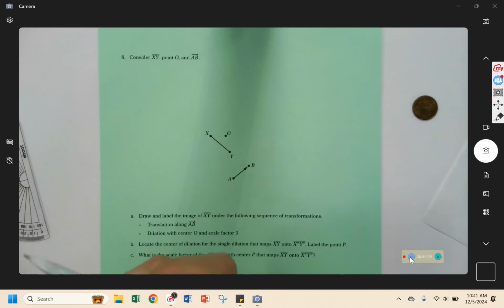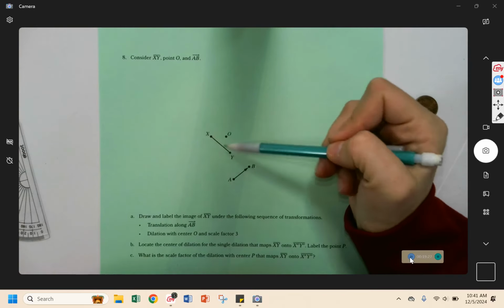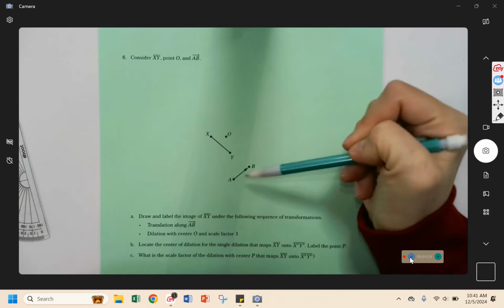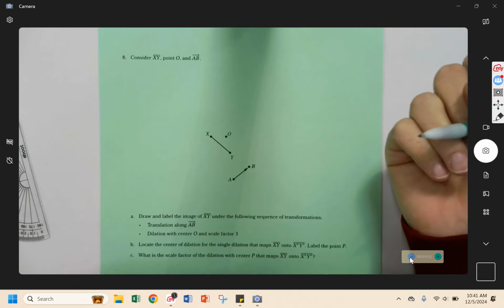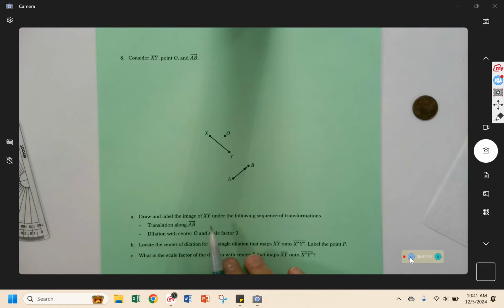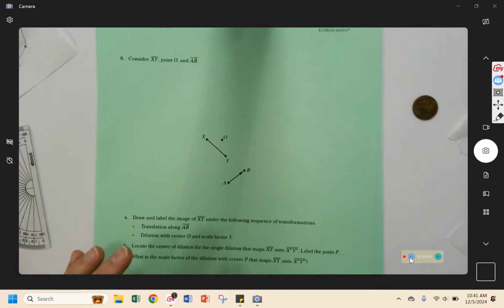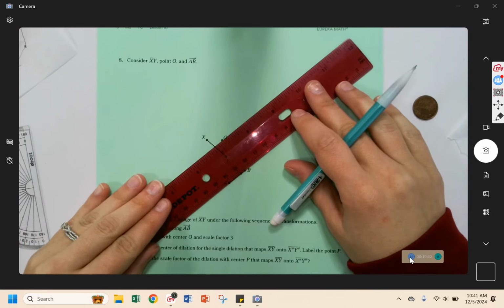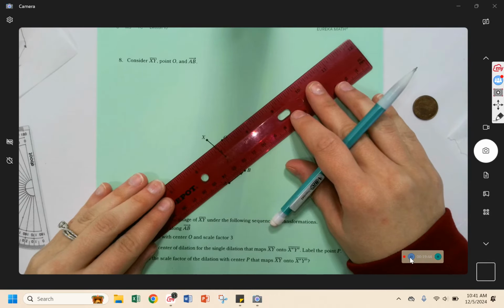Number 8, consider the segment XY, point O, and the vector AB. Draw and label the image of XY under the following sequence of transformations. First, a translation along AB. Start by drawing the line through the vector.